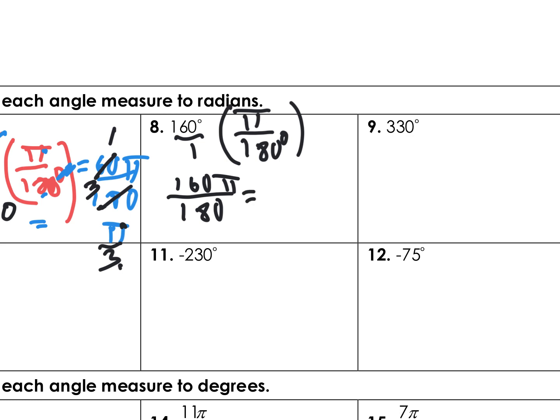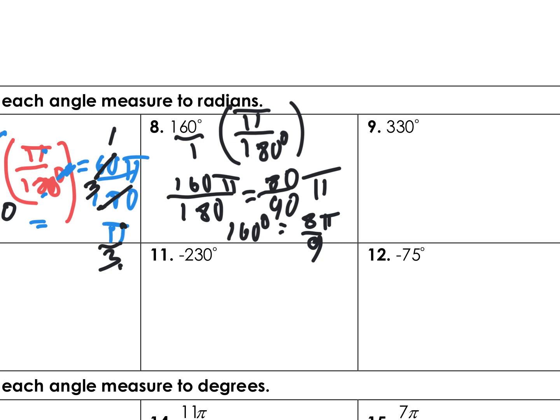The pi stays in the answer. I don't know what it reduces to, so let me just cut them both in half. 160 turns into 80, 180 turns into 90, and I still have my pi. Oh wait, the zeros can cancel now. Divide both by 10. So I'm going to say to you that 160 degrees is equal to 8 pi over 9 radians.